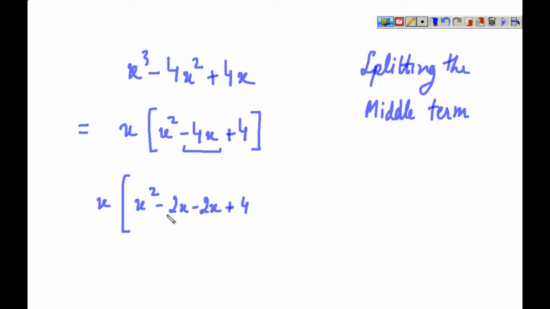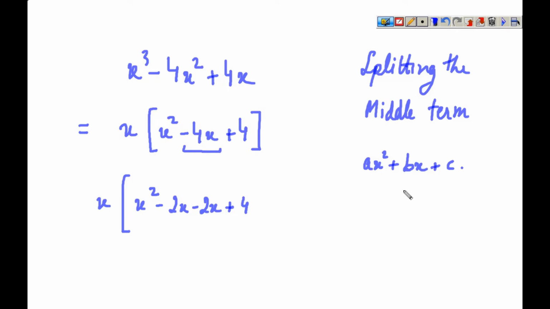As we can see, minus 2 and minus 2 will be minus 4, and the product of these two, minus 2 and minus 2, should be equal to this number. We have a quadratic equation as ax square plus bx plus c, right?